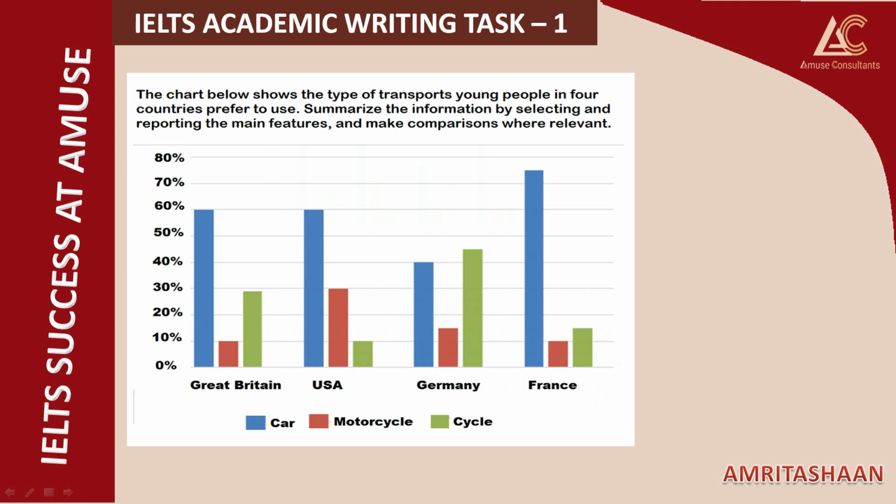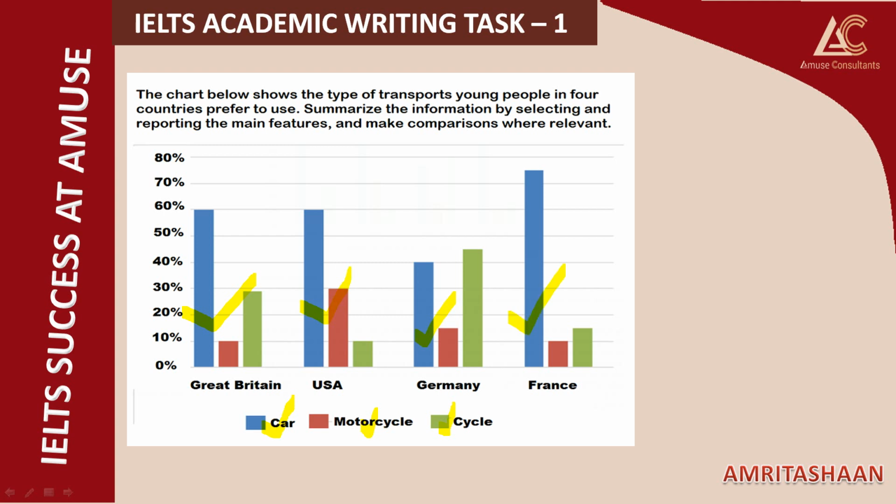This is quite interesting information in the sense that they are talking about three different modes of transportation: car, motorcycle, and cycle. And they are talking about the young generation using them, the people from Great Britain, USA, Germany, and France.